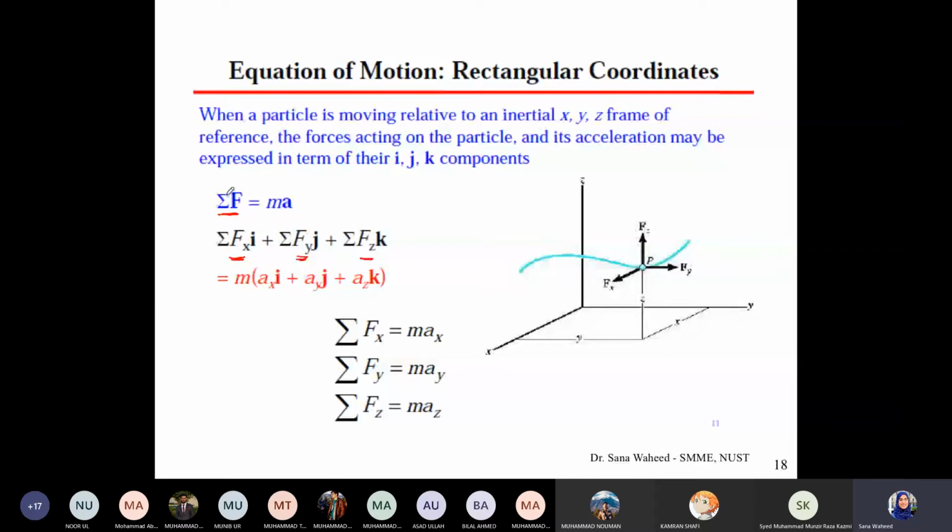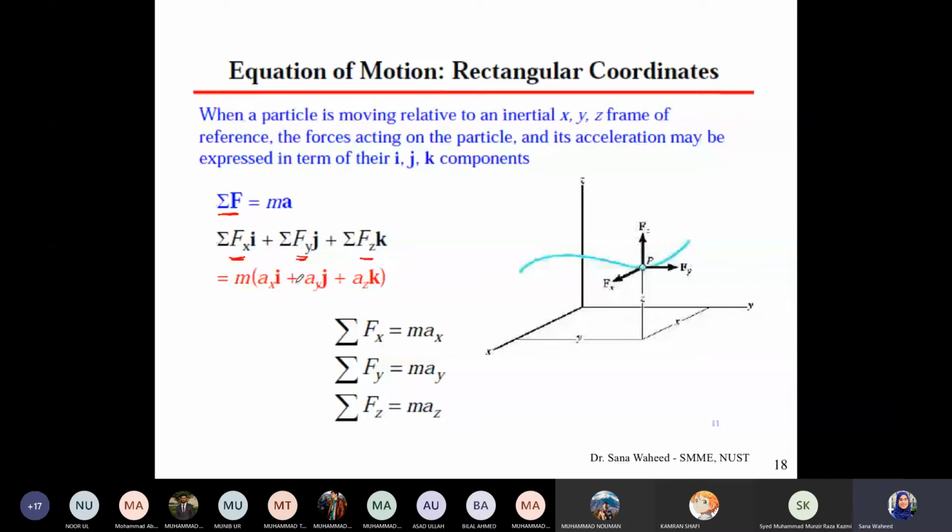And all I need to find summation F, the vector sum of F, is to add together their individual respective i, j, and k components. So add the x components of all the forces, add the j components of all the forces, and then add all the k components.